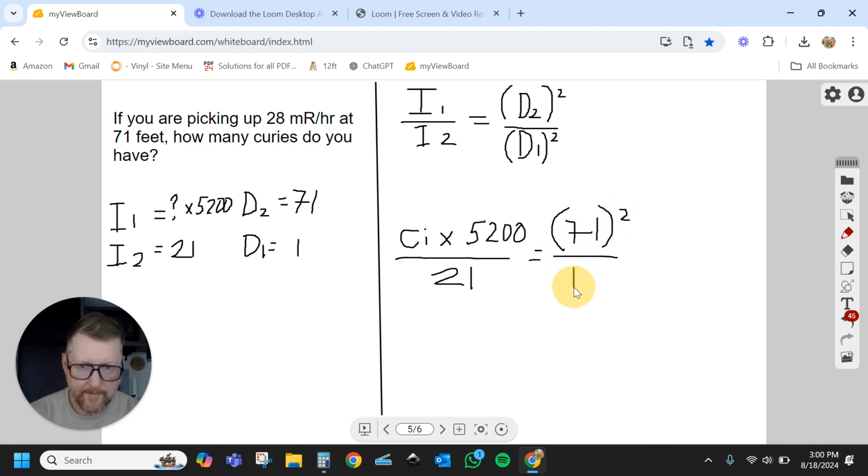I'm sorry, D1 squared, over 1. D1 is 1. 1 squared is just 1. So really, we can just get rid of this. Now what are we going to do? This is where it gets crazy, right? We've got to get rid of this 28. So, simply enough, we just do, whoops, times 28 from both sides.